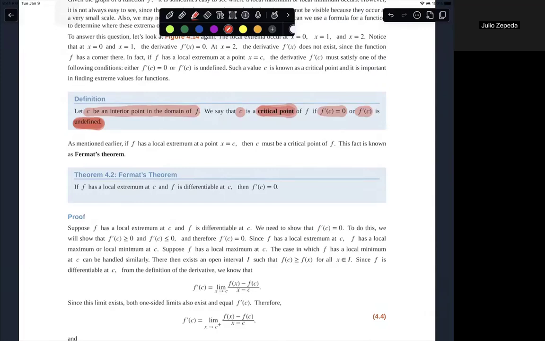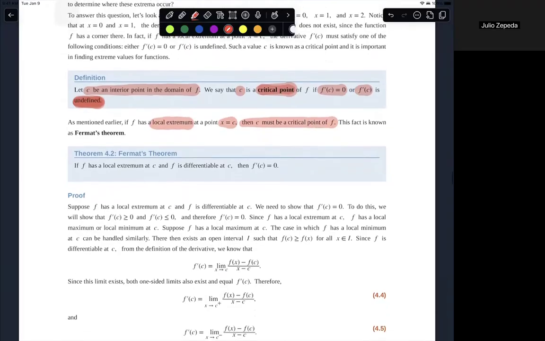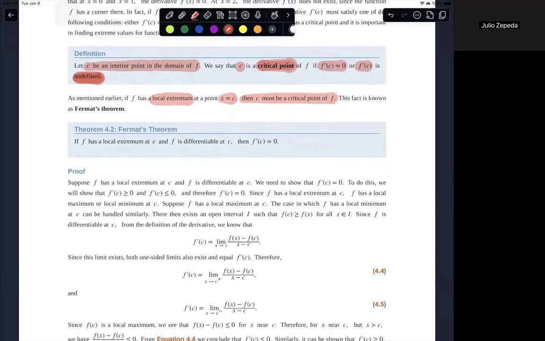As mentioned earlier, if f has a local extremum at a point x equals c, then c must be a critical point of f. This fact is known as Fermat's theorem. Okay, so what is Fermat's theorem? If f has a local extremum at c and f is differentiable at c, then the derivative at c is equal to 0.